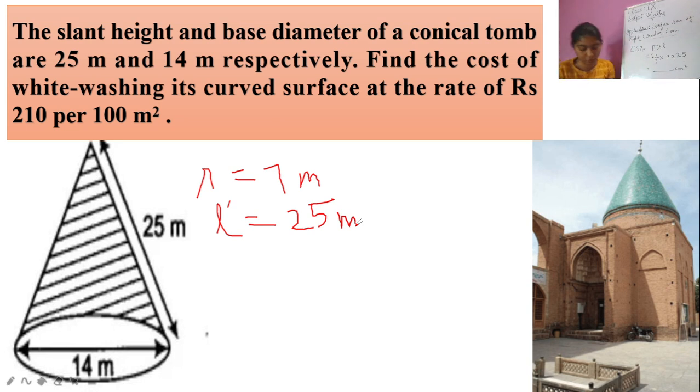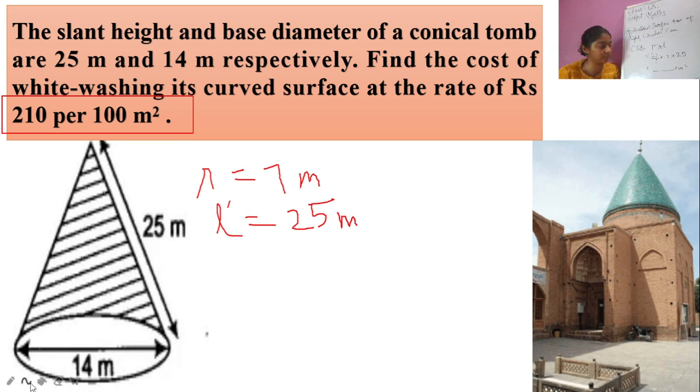Tell me the answer for the curved surface area for this conical dome. Then we will calculate the cost for the whitewashing. Okay. So then we will use this data which is given to us. This data is going to be useful for us. Okay.